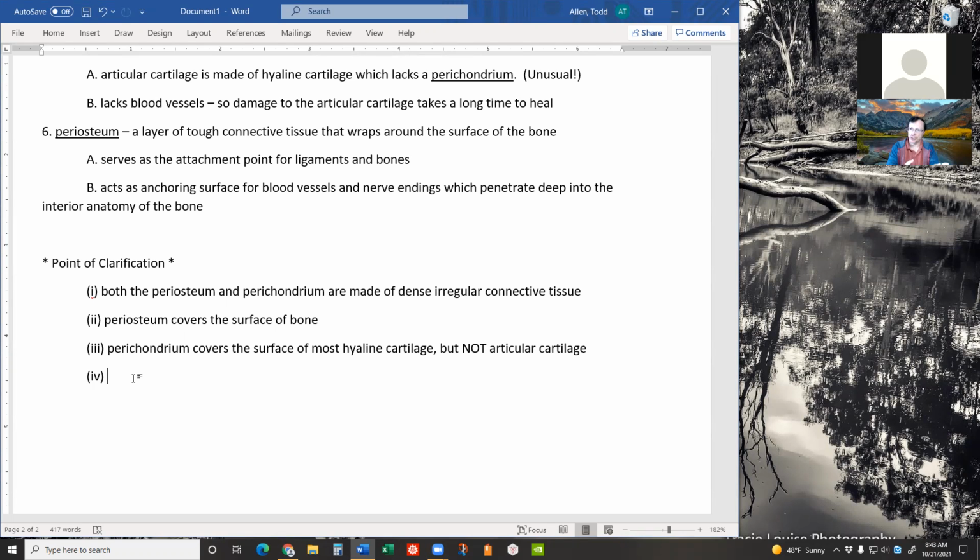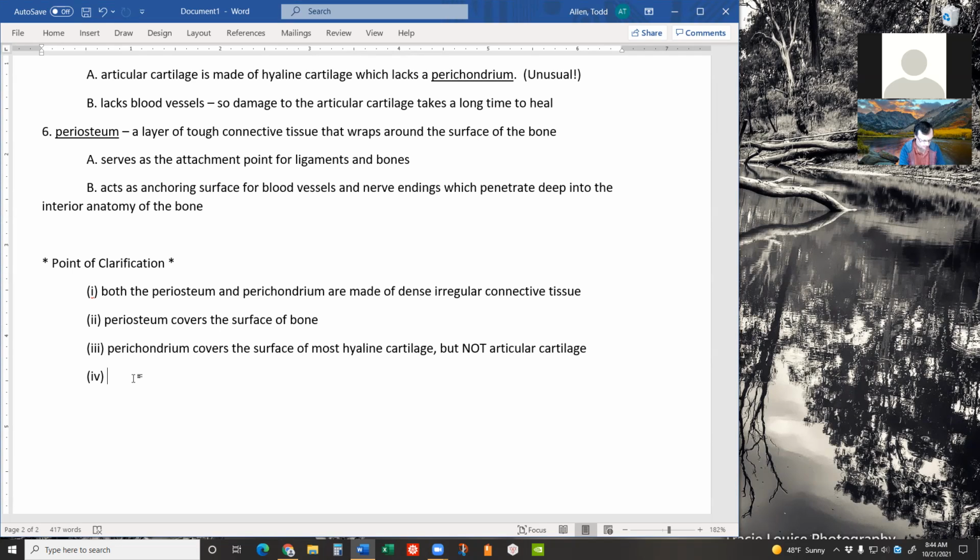And as the cartilage differentiates into bone, we can expect that the perichondrium will differentiate into periosteum. So the periosteum develops from the perichondrium as our bones are developing before we are ever born.